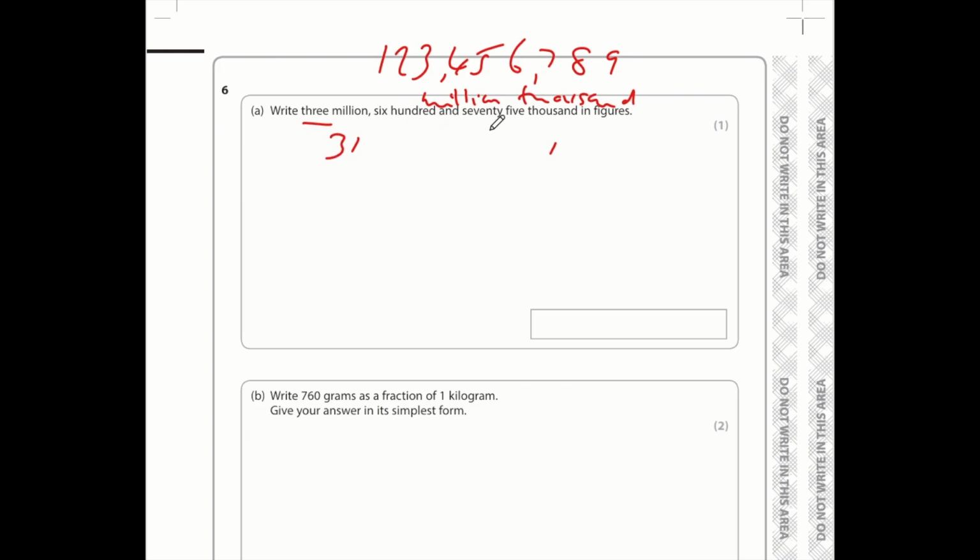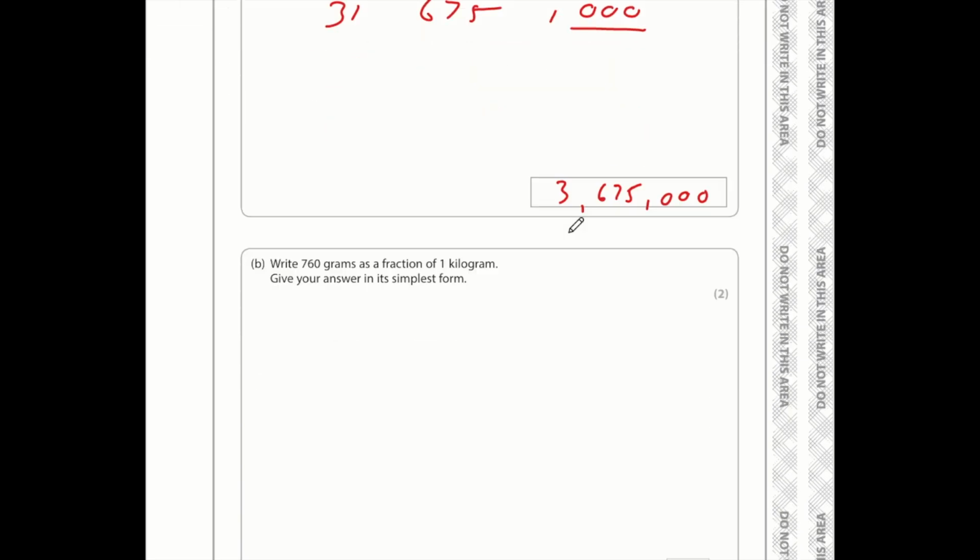Can I write 675 in front of the next comma, 675? And I can't just leave this blank, so that's just going to be 3 zeros. So that's 3,675,000 and nothing. So 3,675,000. You don't have to write the commas in the answer box, of course. If you prefer to leave them out, that's fine.